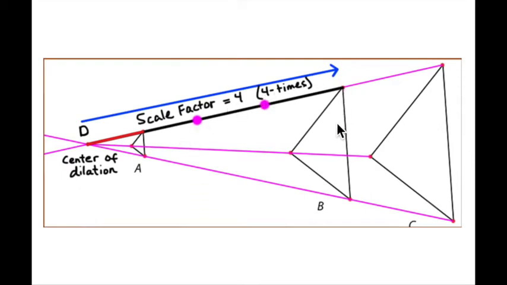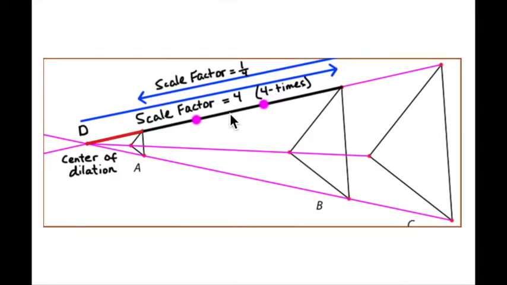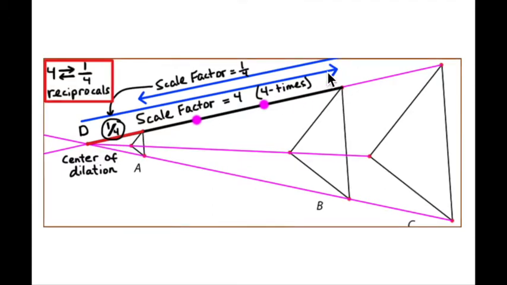To go back, image B to go back to image A, this length is 1/4 the total length. So 1/4 is the reciprocal. So it's a scale factor of 1/4 to go from B back to A. So this length right here is 1/4 this total length, and that is called the reciprocal. So 4 and 1/4 are reciprocals.